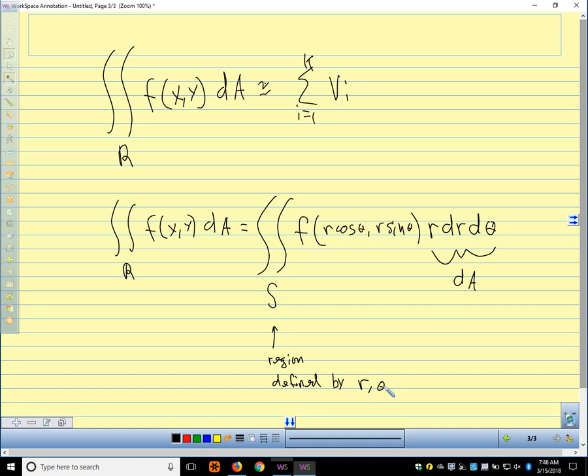And to evaluate these, we're going to use a theorem. It's not exactly Fubini's theorem, because Fubini's theorem was for rectangular coordinates, but it's similar. To evaluate these, we evaluate them as iterated integrals.